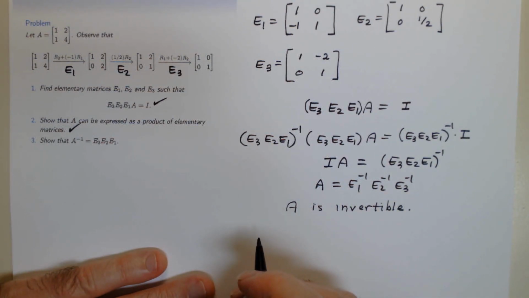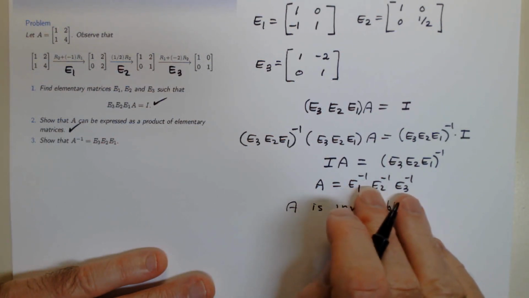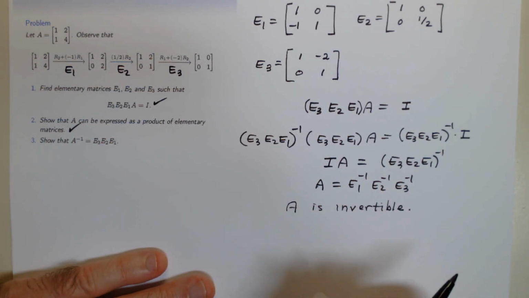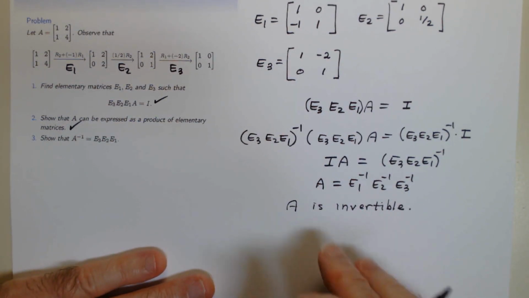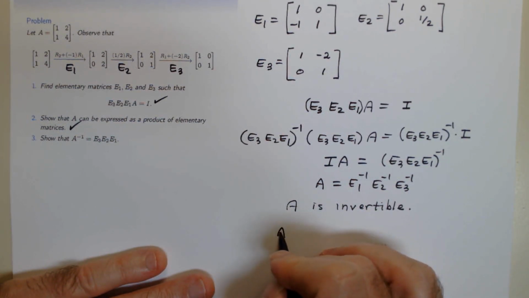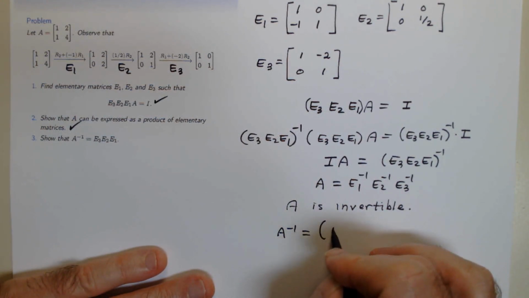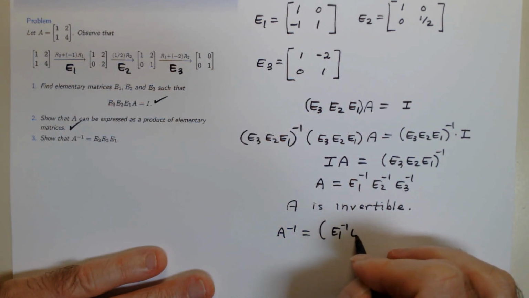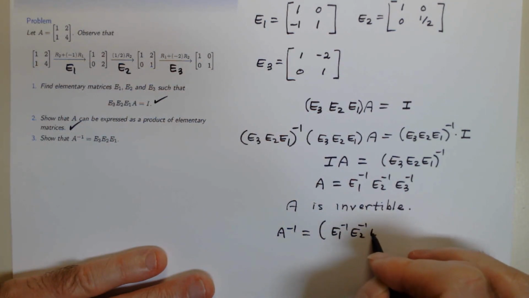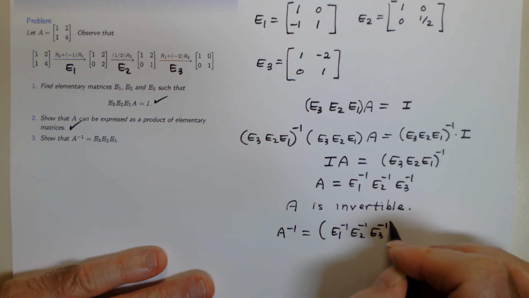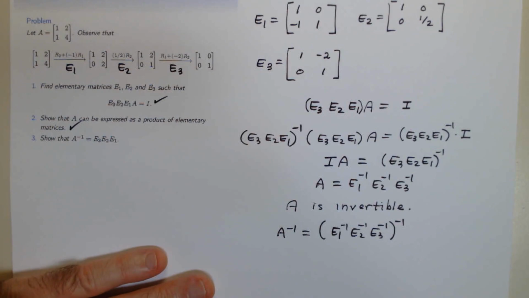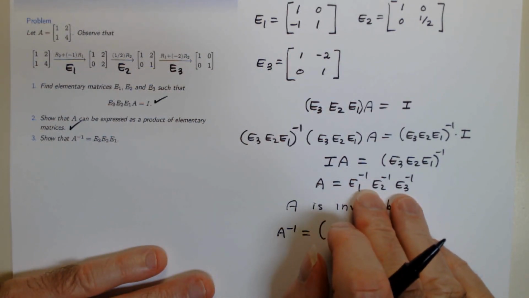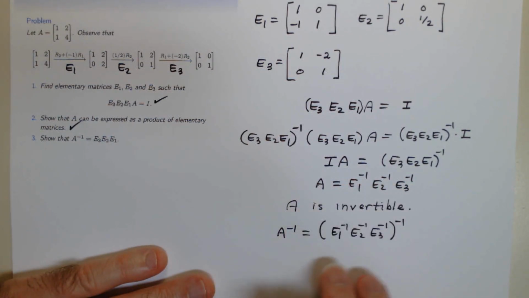Okay? A has an inverse because it's being represented as a product of invertible matrices. And in fact, A inverse is equal to (E1 inverse times E2 inverse times E3 inverse) inverse, right? If A is equal to this, its inverse is the inverse of this.